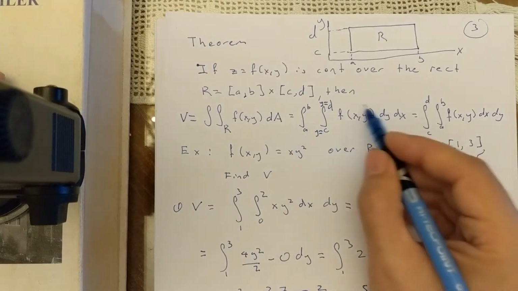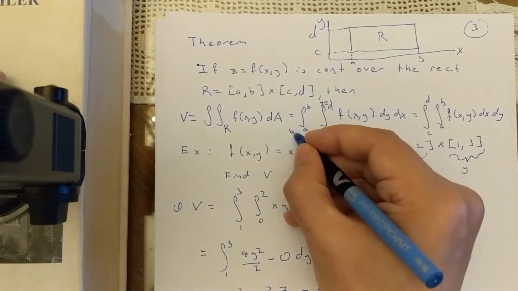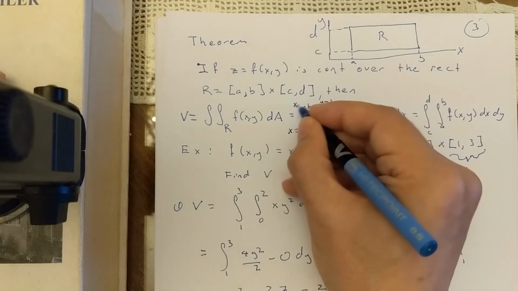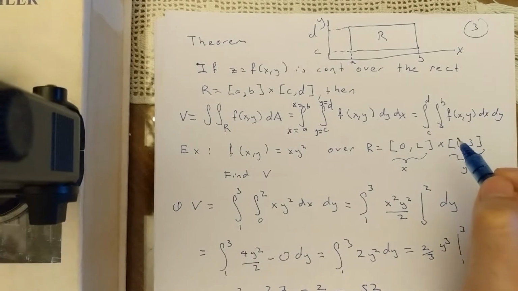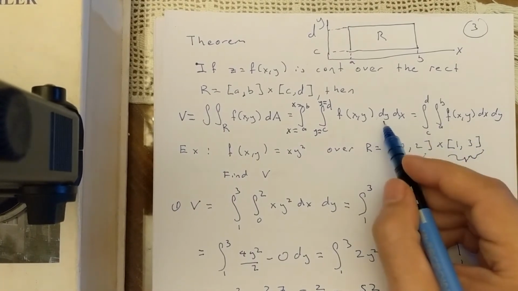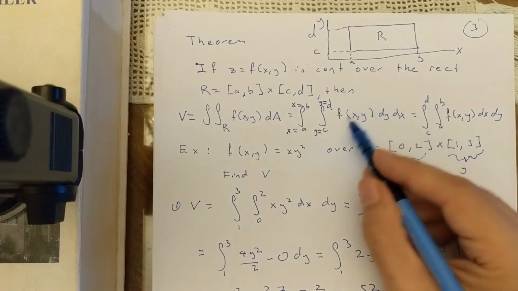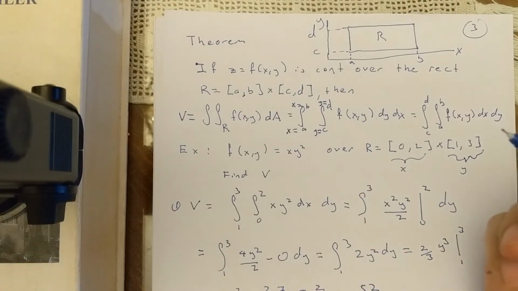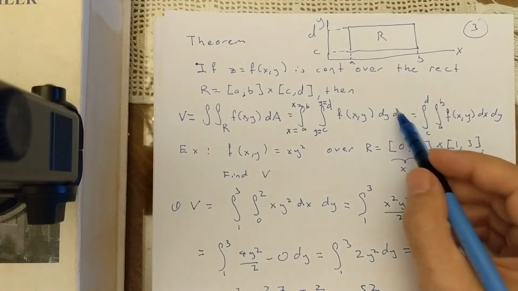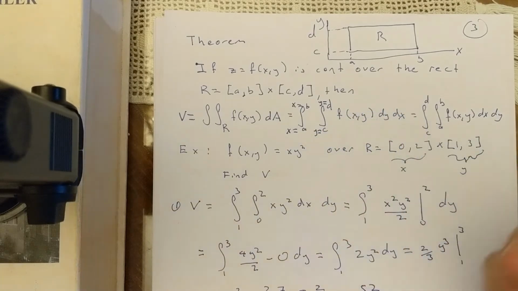And then after I integrate this, I need to do x equals a to x equals b, and I need to do the integral with respect to dx, okay? Now these are partials, which means when I'm doing this integral, everything that's an x behaves just like a constant. And when I'm doing the outside integral, everything that's y behaves like a constant.